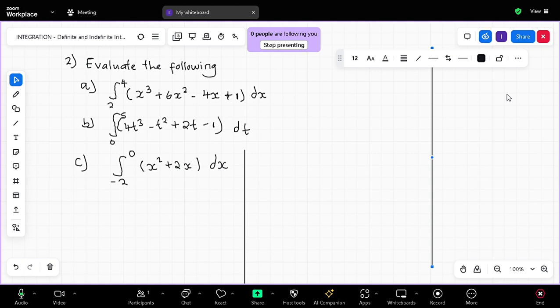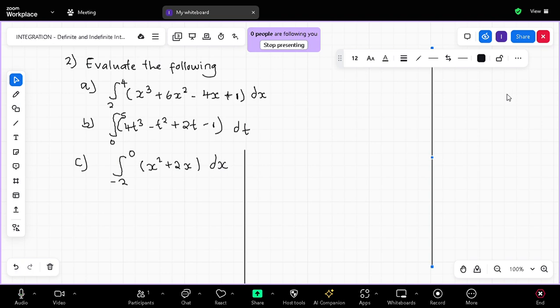I'll start with question A. For question A, we have been told to evaluate the following: integrate x cubed plus 6x squared minus 4x plus 1.